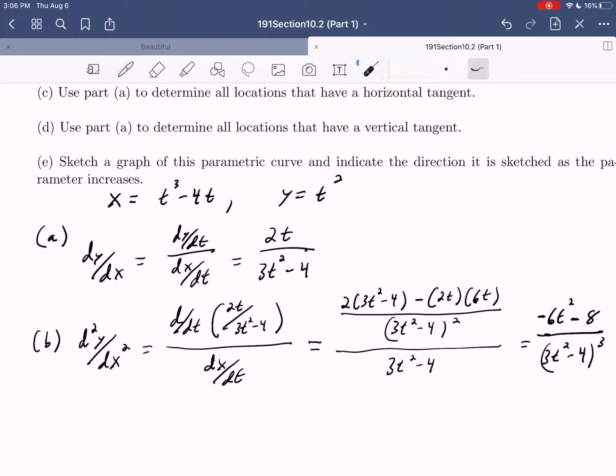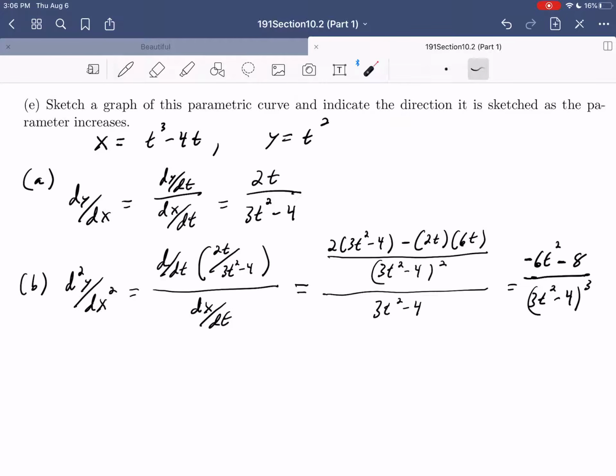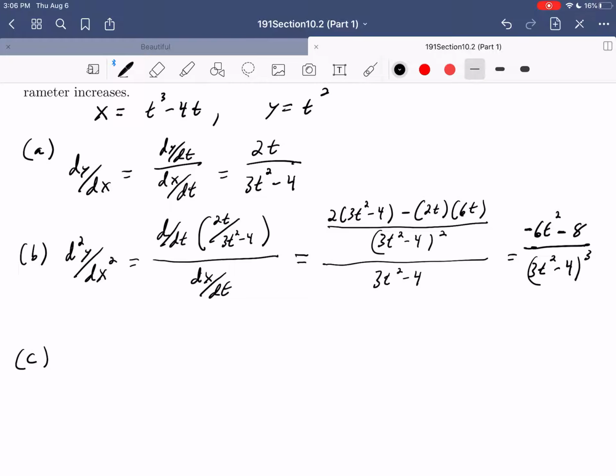So there's our second derivative expression. Once again, we've gotten expressions for both the first and second derivative of y with respect to x in terms of the parameter t. So if we know where we are in terms of the parameter t, we can understand the derivative and the concavity. All right, let's go ahead and find the horizontal tangents.